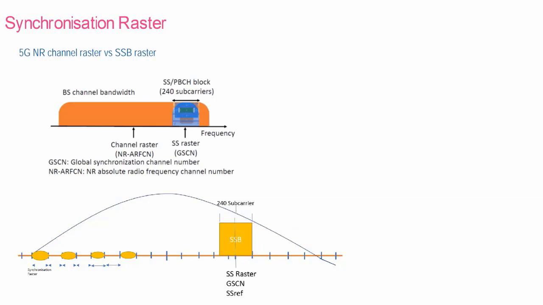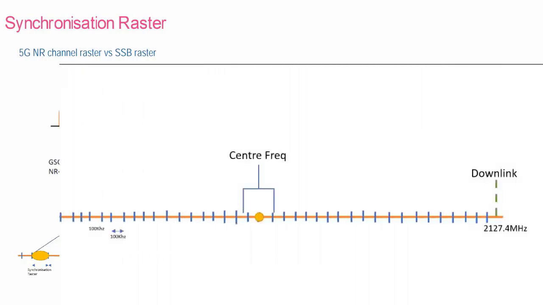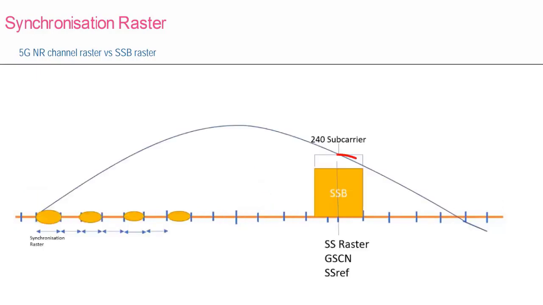Similar to the understanding of the channel raster, the synchronization raster can be considered as the minimum frequency interval of the central frequency point of the SSB. Here you can see that, suppose the SSB is available on this part. Now you want to search the SSB. So this small part we can say is the synchronization raster.